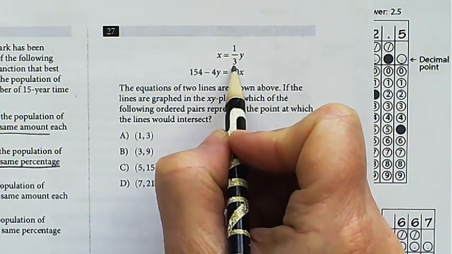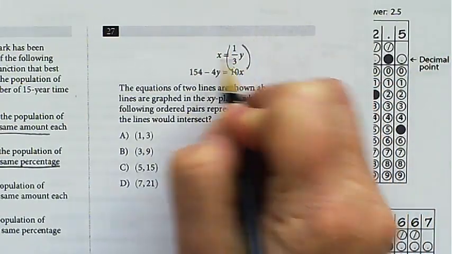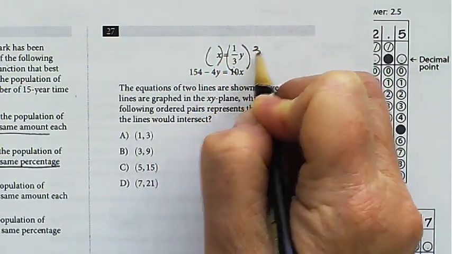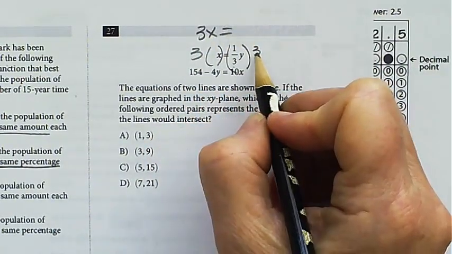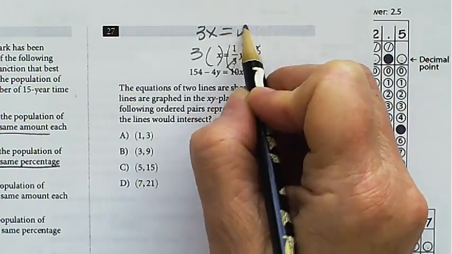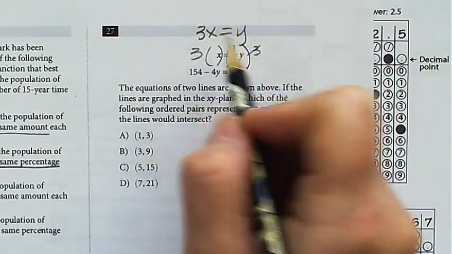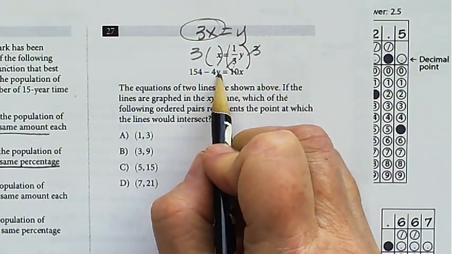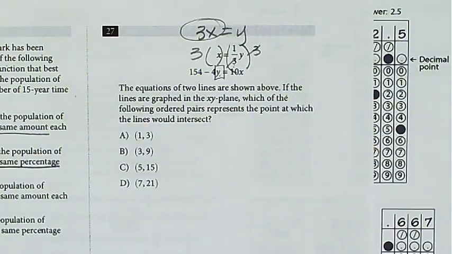Now, I would recommend getting rid of the fraction and making life a little bit easier. That's easy to do. If I multiply both sides by 3, I get 3x equals 3 times 1 over 3 is 1. So I get 3x equals y. And I'm just going to take 3x and substitute it, trade it out with y.